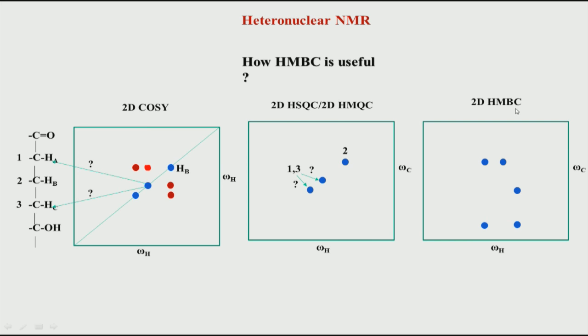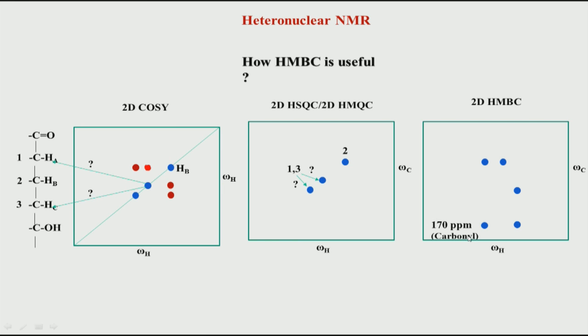Let us say I record a 2D HMBC on this molecule, and as we saw in the previous slides, the vertical axis is carbon and the horizontal axis is proton. Now, let us say I am seeing a peak like this at 170 ppm along the carbon axis.